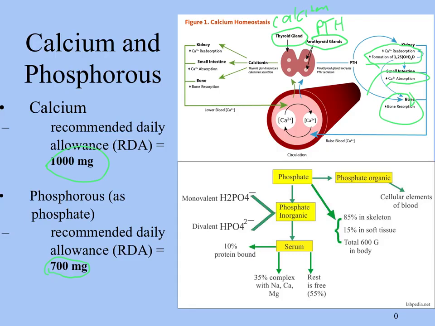calcium reabsorption by the kidneys, as well as the formation of vitamin D to help with the absorption of calcium in the small intestine. Calcitonin, on the other hand, just the opposite of what happens with parathyroid hormone. In bone, it decreases bone resorption or increases bone building, which decreases the amount of calcium in the blood. In the small intestine, it decreases the amount of calcium that is absorbed and thus gets put out in excrement as waste.